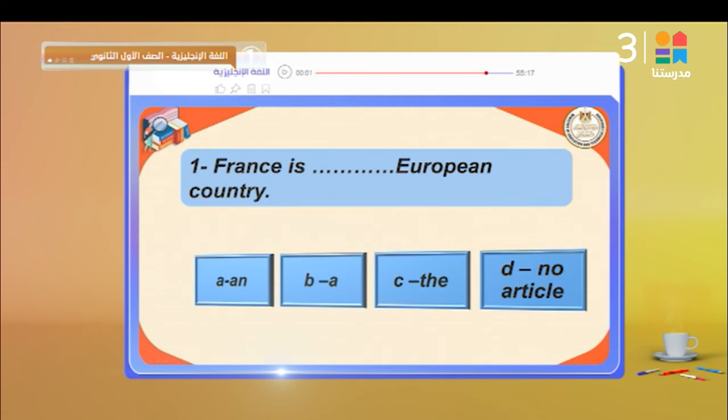So it's not a vowel sound, it's a consonant sound. So we say France is a European country. So remember this very well, the phrase European country doesn't take "an". We don't say an European country, we say a European country because the letter E is not pronounced as a vowel and the letter U is pronounced "yu", not "uh".